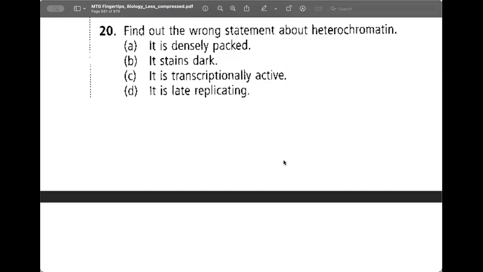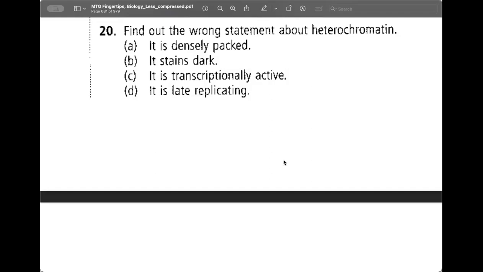But the concept will be there, either slightly discussed or discussed in detail. NCERT is actually heterochromatin served to you. Information is there, but densely packed. A lot of things in just one sentence.